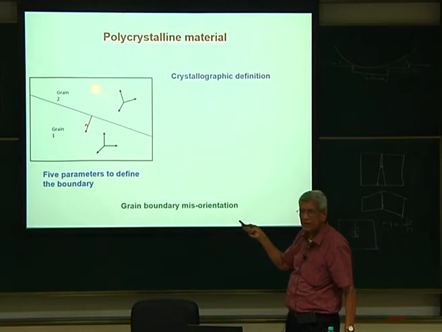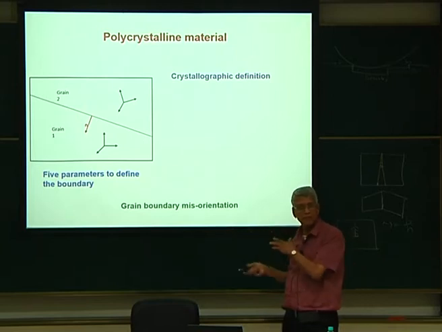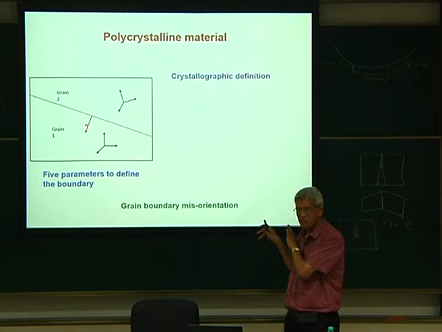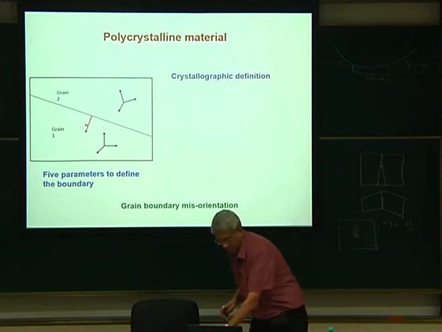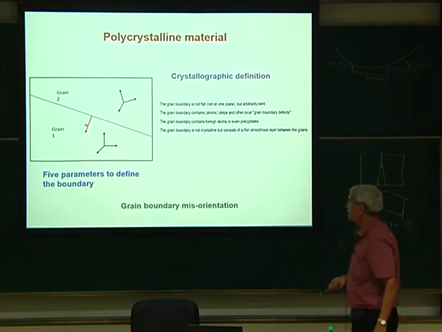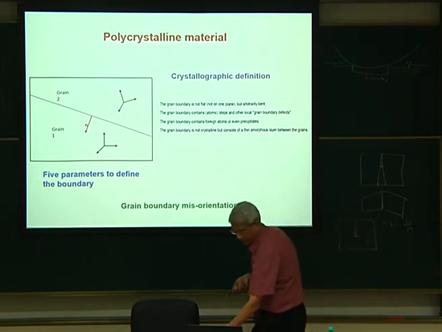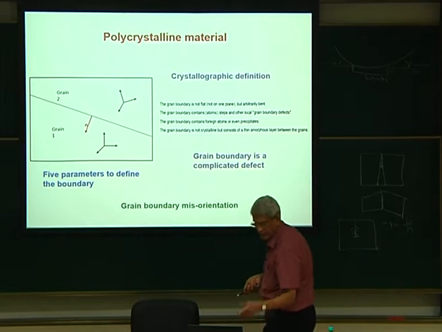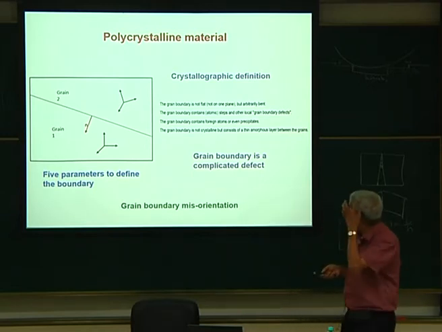Plus the plane normal, being a vector, should also have 2 directions. So that's why we say that 5 independent parameters have to be there to define the boundary, and the grain boundary misorientation we can find out.